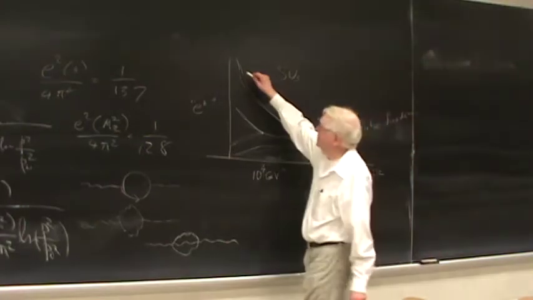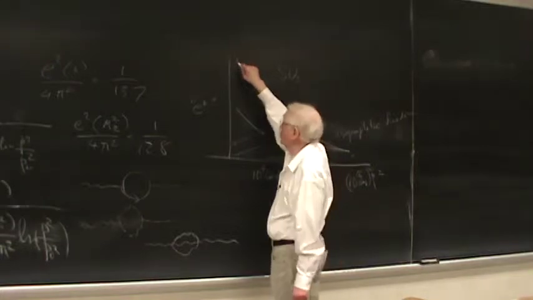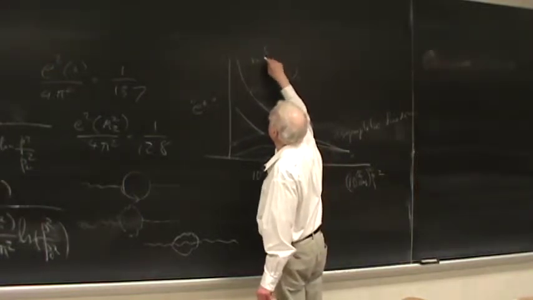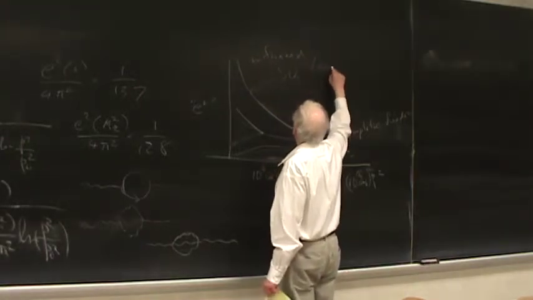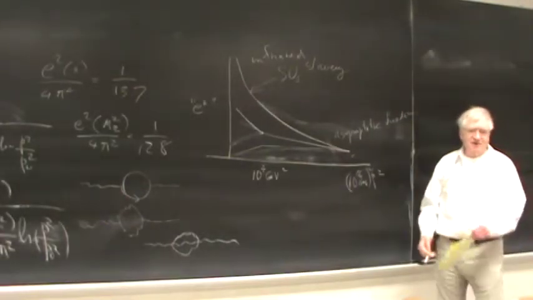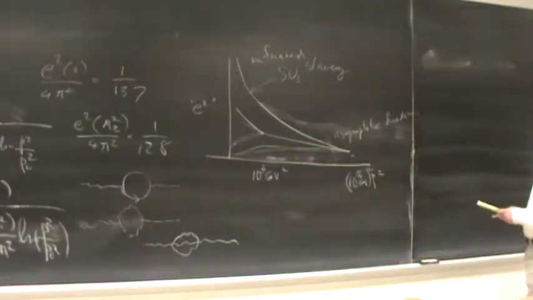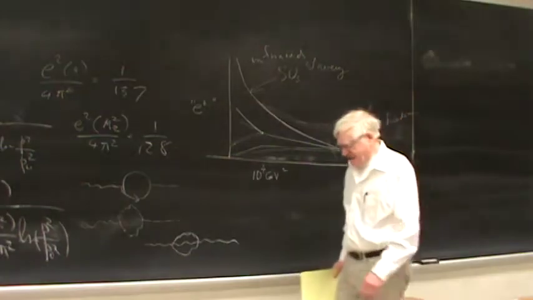Up here, the fact that the thing gets so strong that it's able to confine quarks and gluons was called infrared slavery. I imagine that was Coleman also. I don't really remember who did what in the naming of these things. Okay, so that's enough of that.